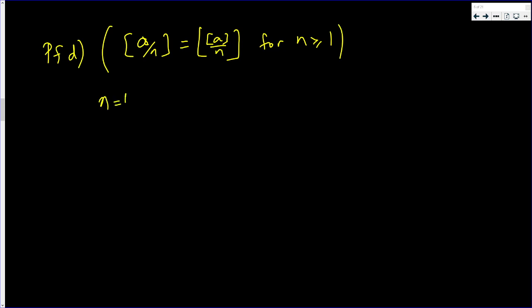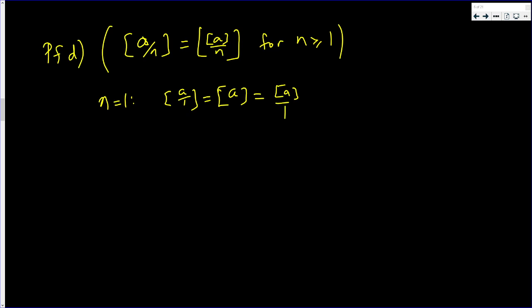If n is 1, the greatest integer of a over 1 is just the greatest integer of a, because a over 1 is a. And this is equal to the greatest integer of a. It equals itself over 1.